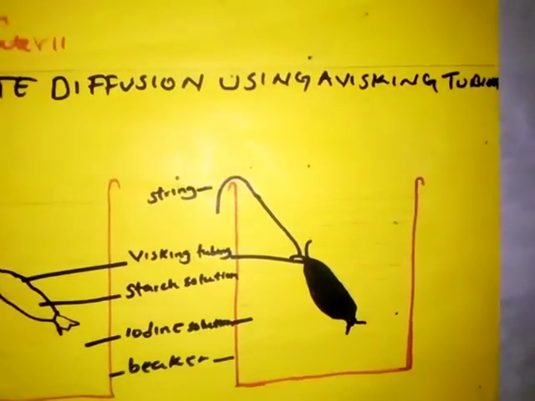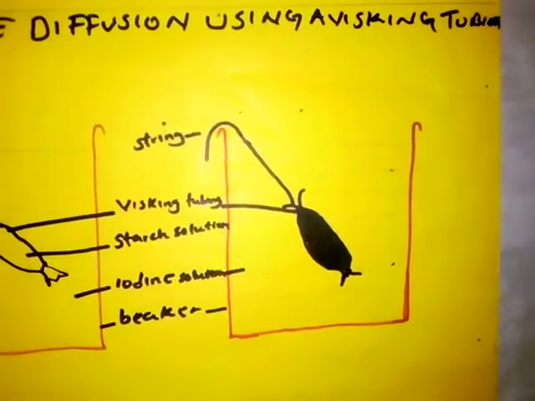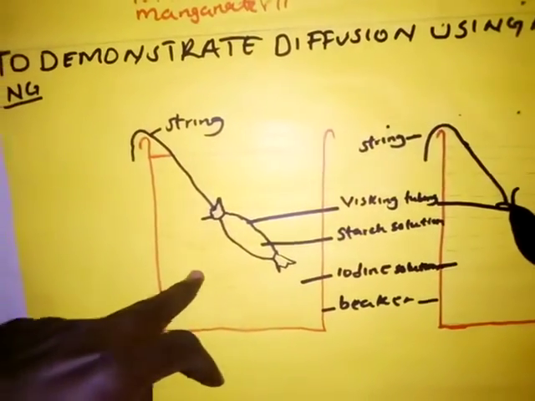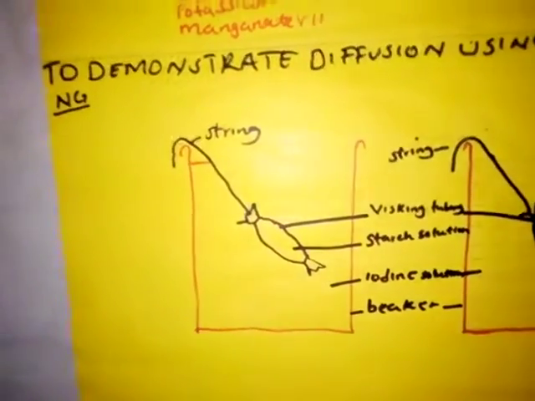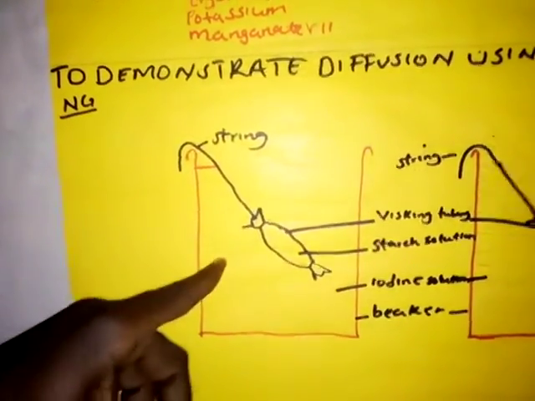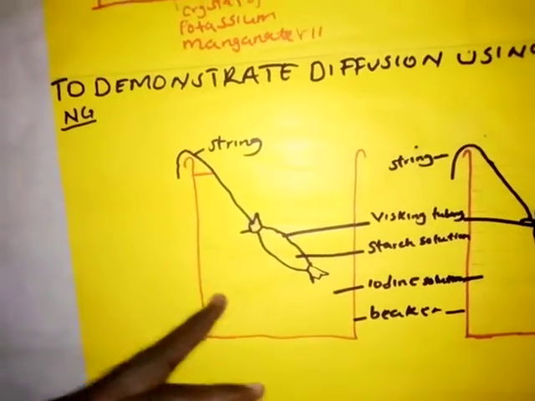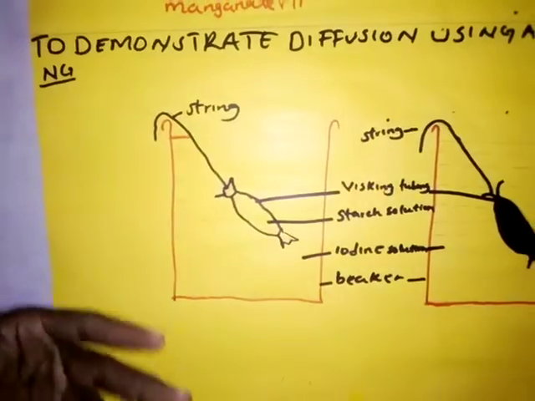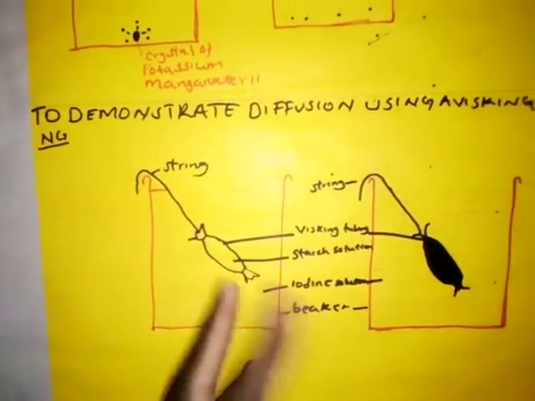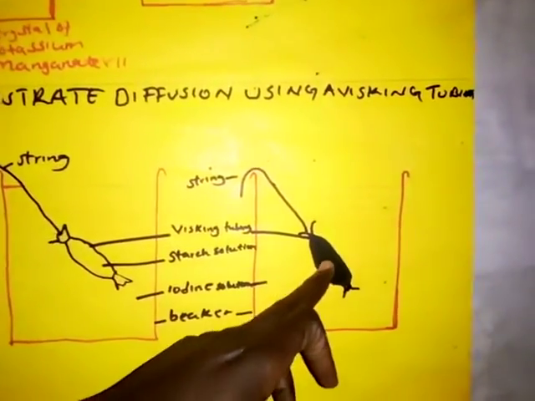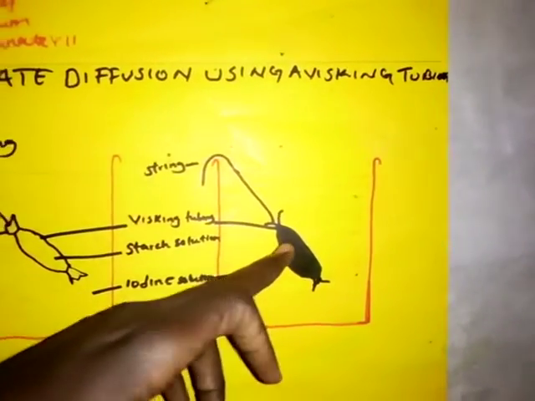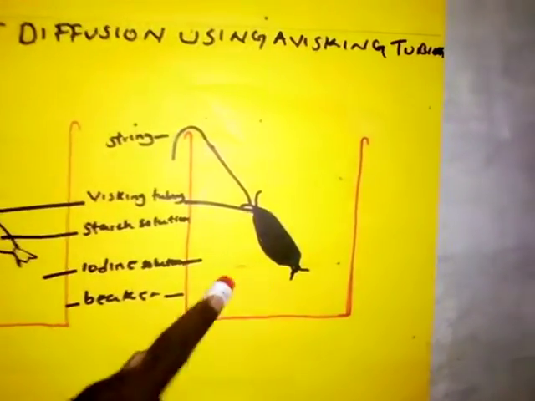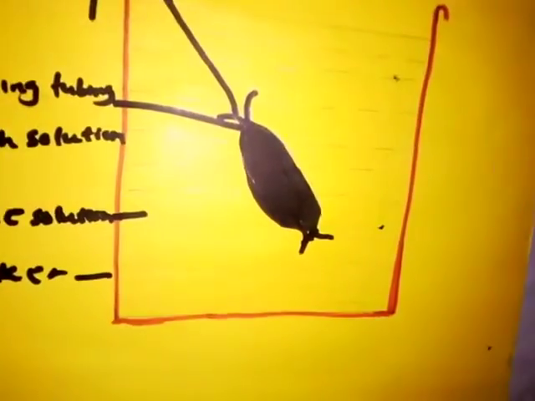Now the question you should ask yourself: when we were looking at iodine solution, remember the color of iodine was brown, but the starch solution was colorless. Now you realize that after some time the starch solution within the whisking tubing turns blue-black. That is what we want to explain.